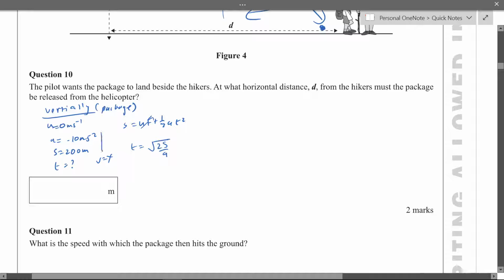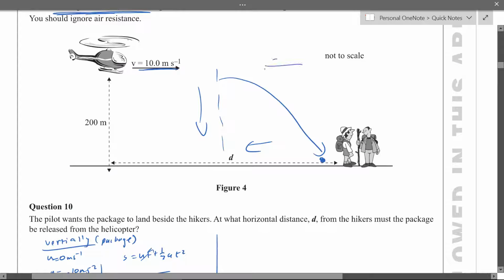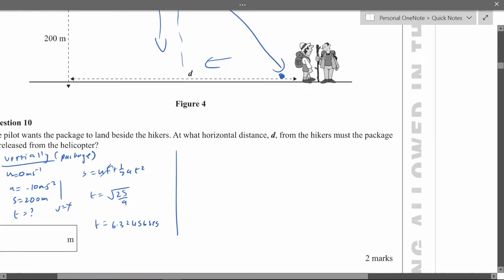If you sub in these values, t I got was 6.32456 seconds. Now that you have the time it takes to go down, you can figure out how far back they should be.